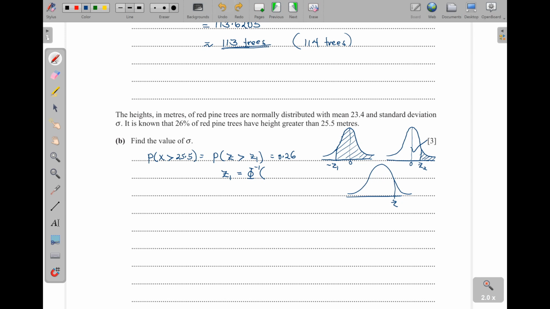So therefore, we are supposed to instead use the other part, because Z is just a boundary. So I will instead look out for the Z value that corresponds to the other probability, 1 minus 0.26, which is 0.74. So I'll look out for this one. Let's go now to the normal distribution table so that we get the Z value.